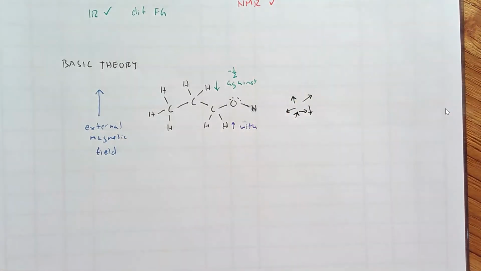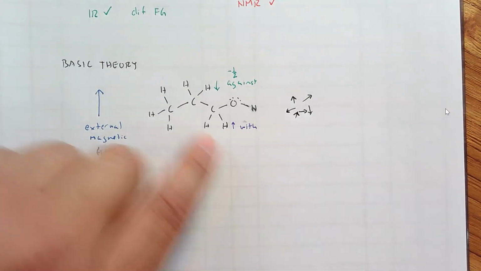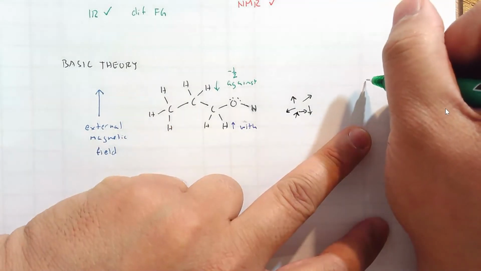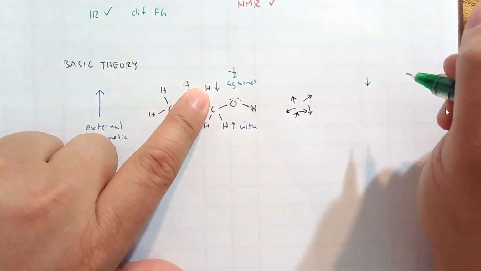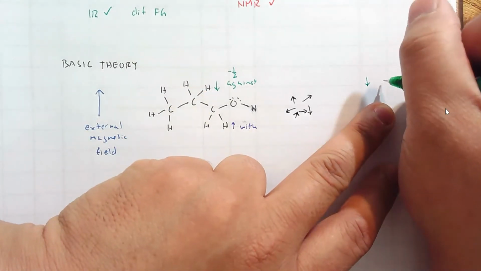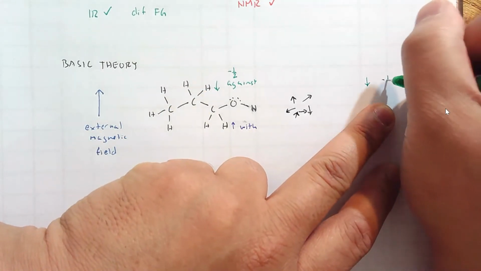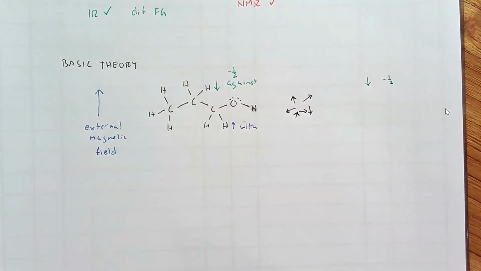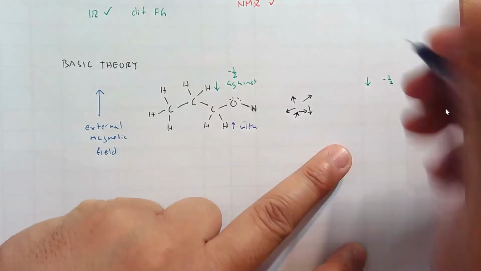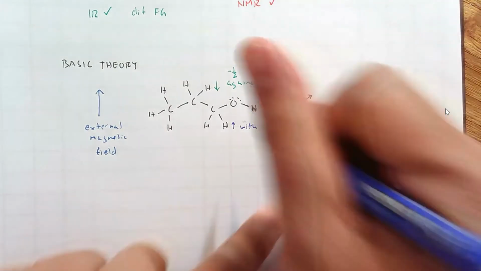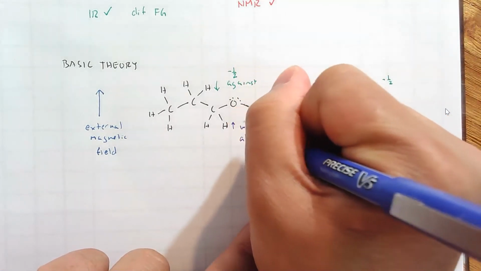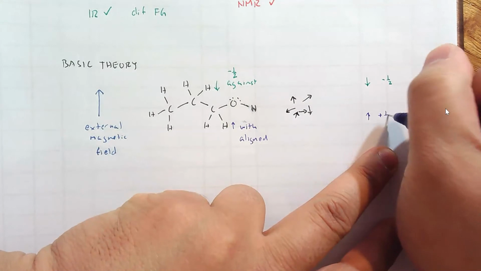Okay? But under the magnetic field, you will get a population of spins for a particular proton that are against, a spin of negative 1/2, and a spin that is with, or aligned. I should have said aligned. And then we'll call that positive 1/2.